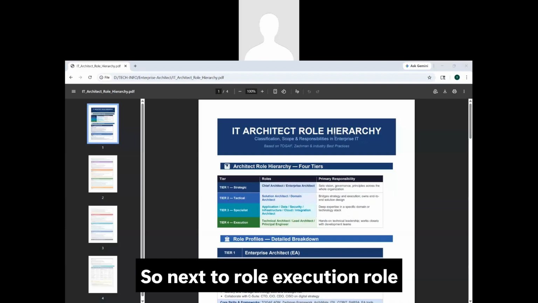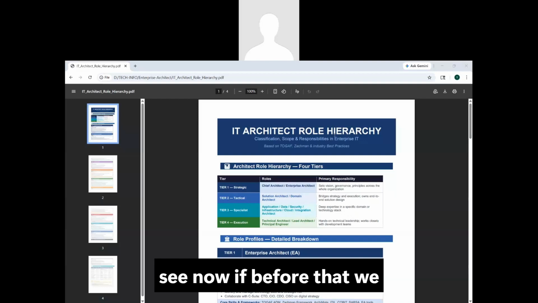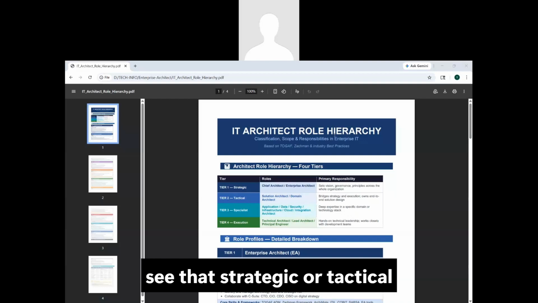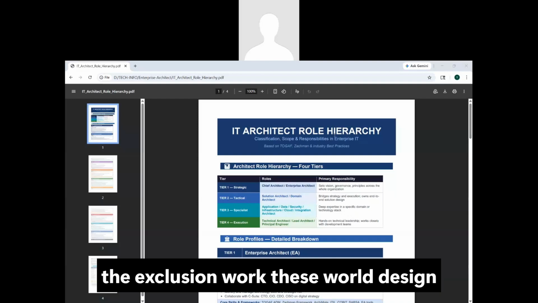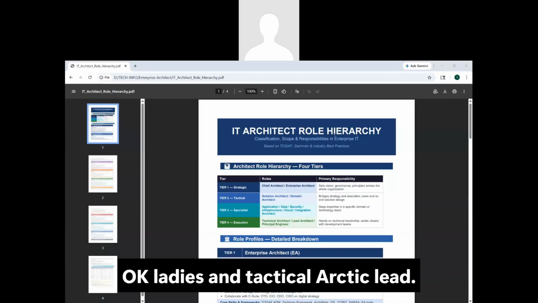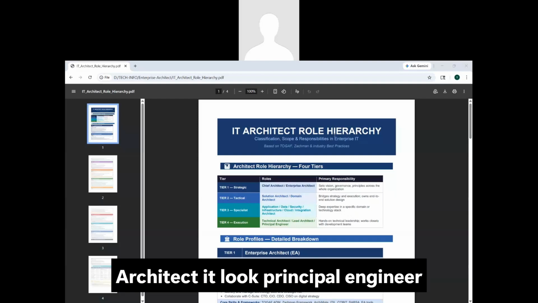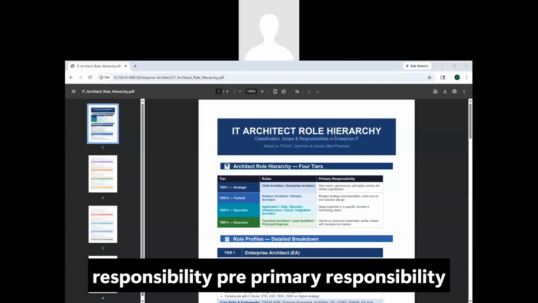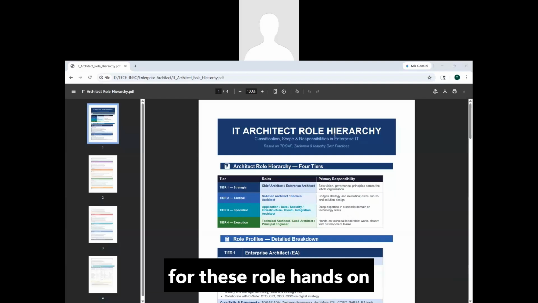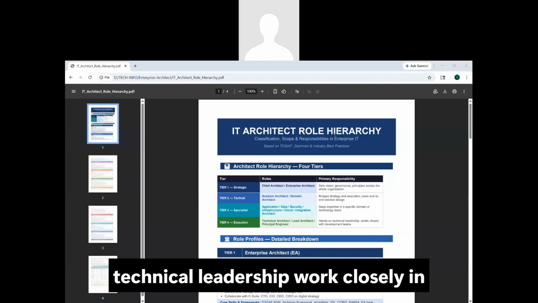So the next role is the execution role. Before that we saw strategic, tactical and specialist. Now we are going to see the execution role. This is LLD design. It is the lead architect or principal engineer; that is the role name. The primary responsibility for this role is hands-on technical leadership, working closely with the development team.